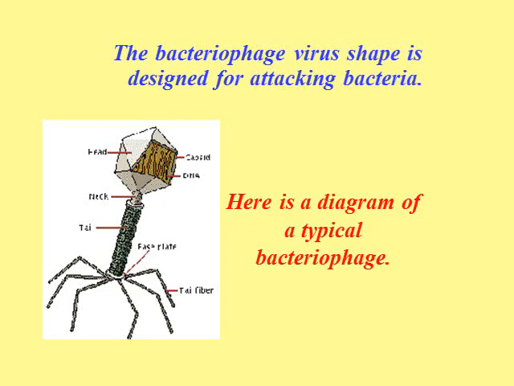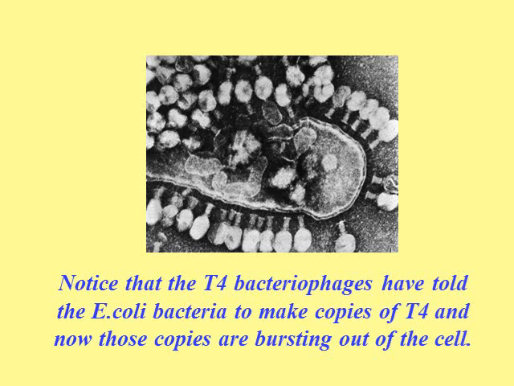One important thing to understand about viruses is they are not picky in terms of who they seek out for hosts. This one is called a bacteriophage because it is designed for attacking bacteria. Here's an example where these T4 phages have latched onto this E. coli that you can see in the center.